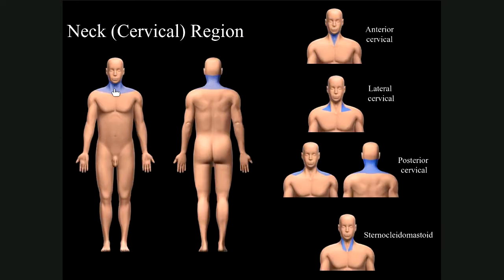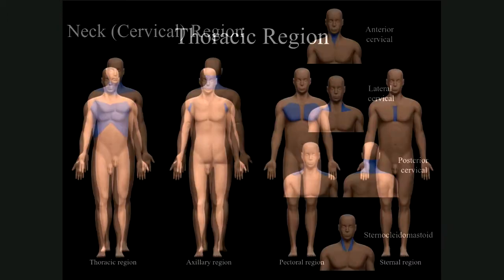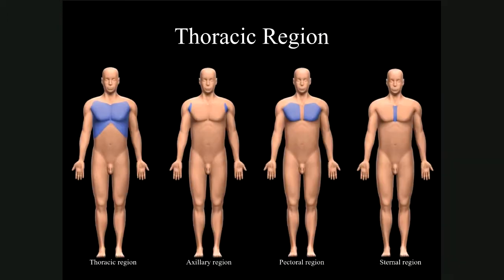Cervical means neck region, and you can see that there's an anterior view as well as the cervical posterior view. Thoracic describes the chest region. So the thoracic region is your entire chest. Within your thoracic region, you have your pectoral region.